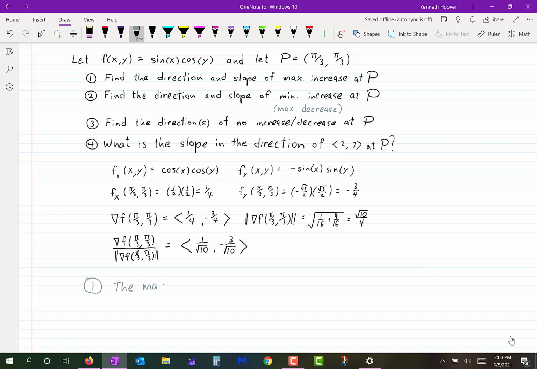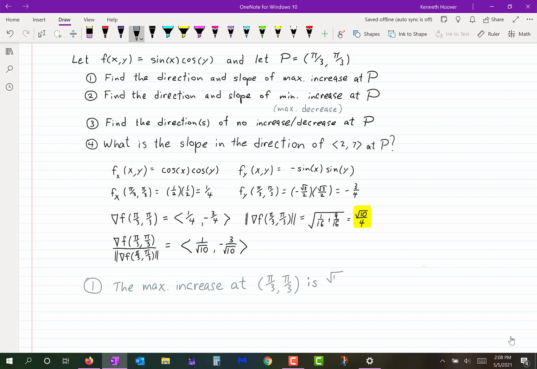The maximum increase at 1/3, 1/3 is, so first of all, how big is the maximum increase? We have that answer written right here.